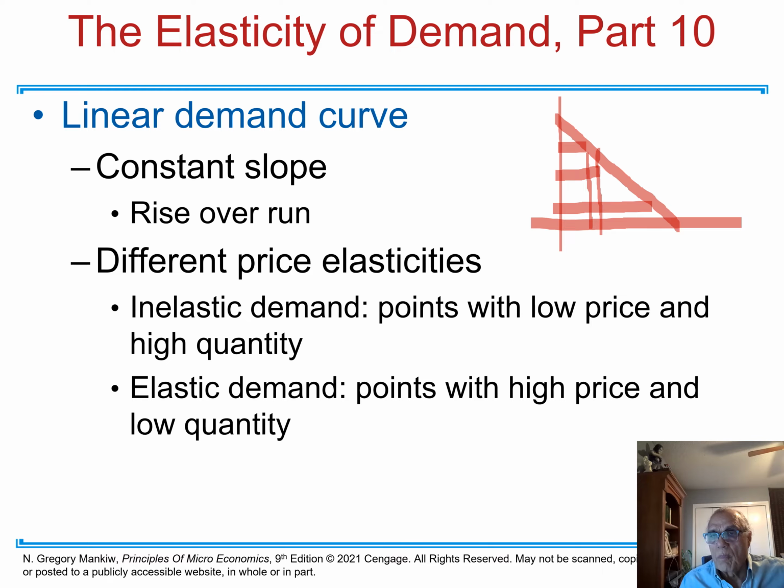When we drop to a lower price, there is going to be lower elasticity. Different price, different elasticity. Inelastic demand points are at the low price and high quantity, which is here. And elastic demand points are at the high price and lower quantity. Why is that so?